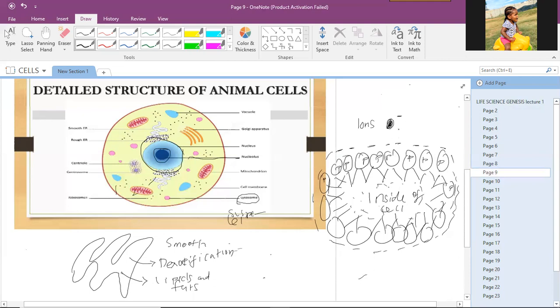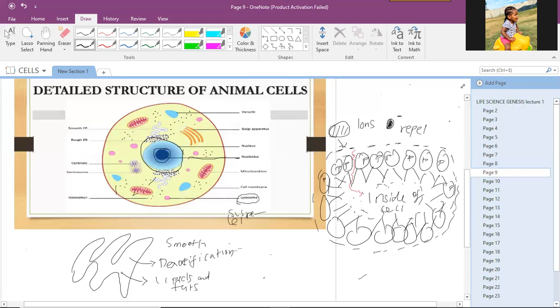Negative plus negative, they repel. So this won't pass through. Or if you have something that's very big, it won't be able to pass through because it's too big to squeeze through the cell membrane so that it can enter. So it won't pass.